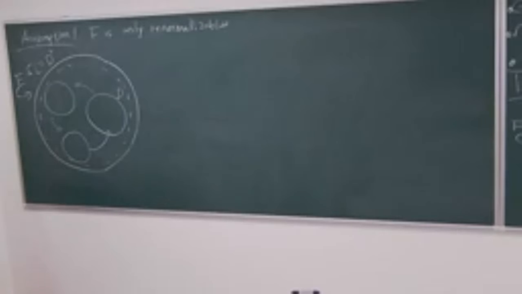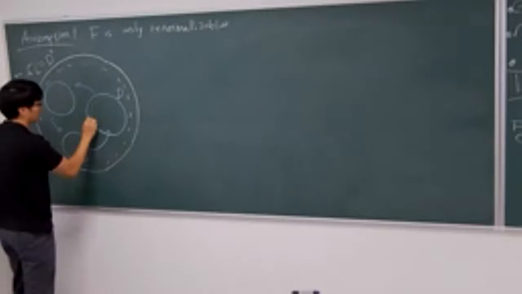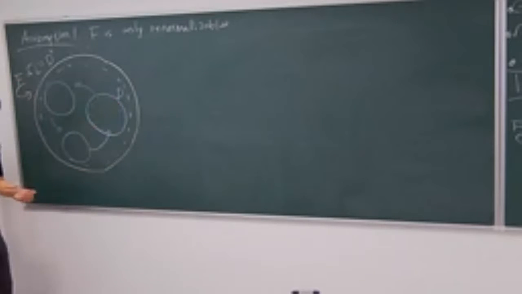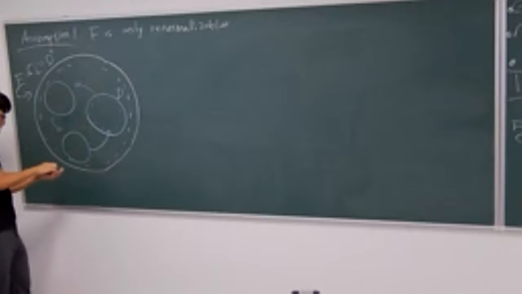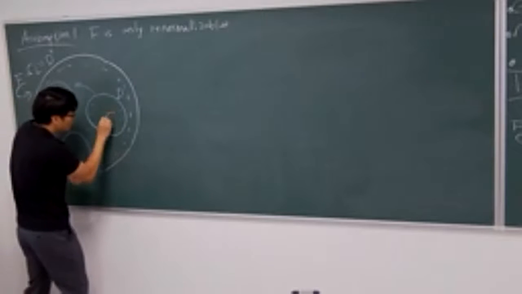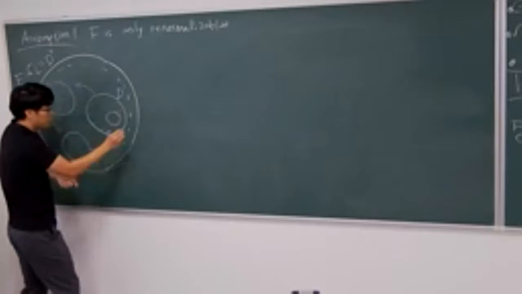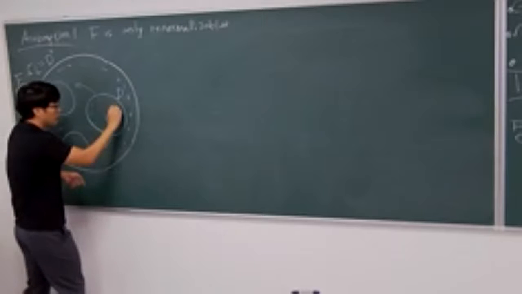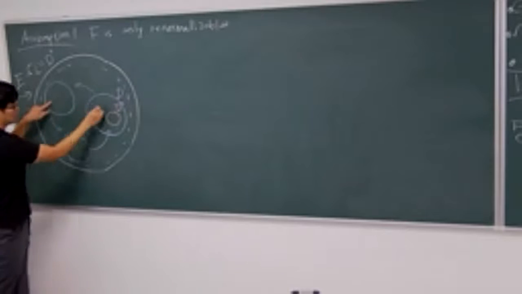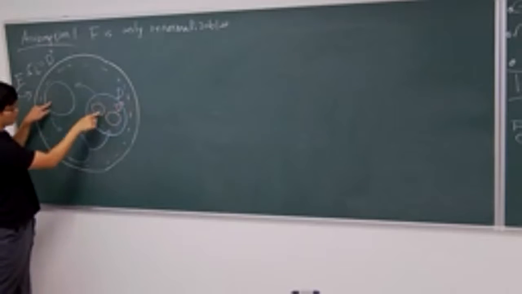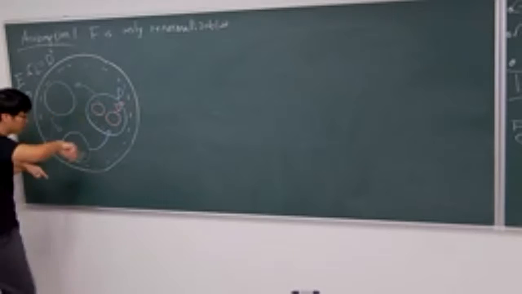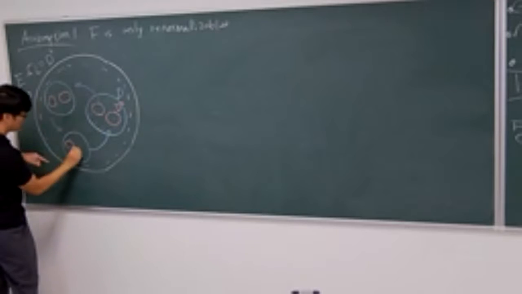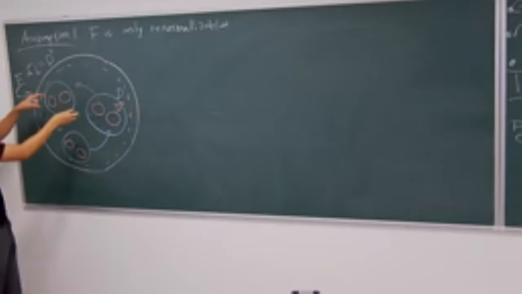This is D1, and then inside D1 there'll be another periodic subdomain. That's D2, and it will map around and back. And then again we have this infinite nest.